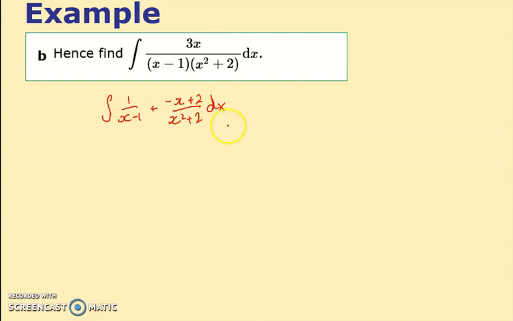And I think I need the same trick as I just had. I think I've got to split this into the integral of 1 over x minus 1, that's fine, minus x over the x squared plus 2, so that's got to be integrated as well, plus 2 over x squared plus 2 dx. That's what I'm integrating, all three of those things.